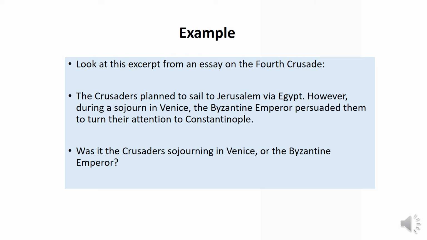However, during sojourns in Venice, the Byzantine Empire persuaded them to turn their attention to Constantinople. So you read back this sentence, and it creates ambiguity. The question here is, who was sojourning in Venice, the Crusaders or the Byzantine Empire? So this sentence creates ambiguity. Avoid this kind of sentence.